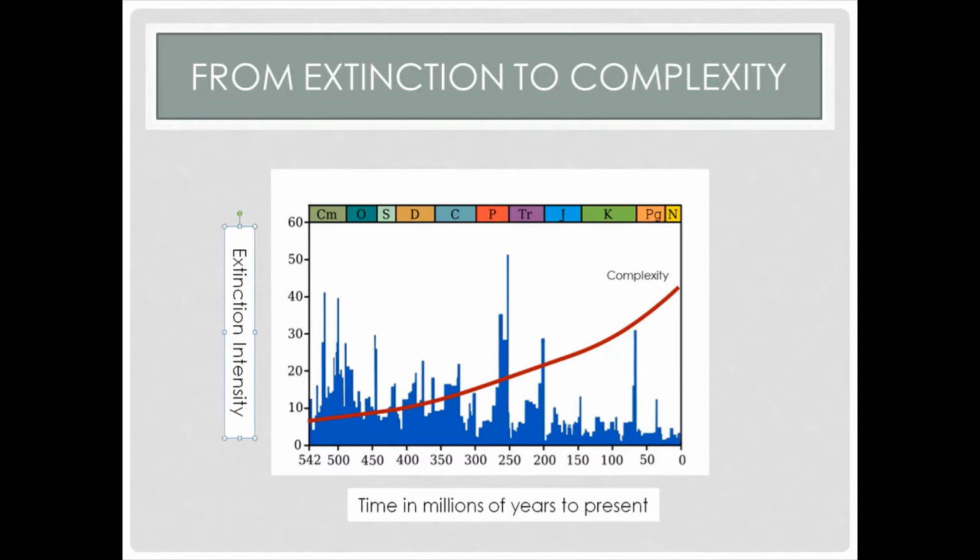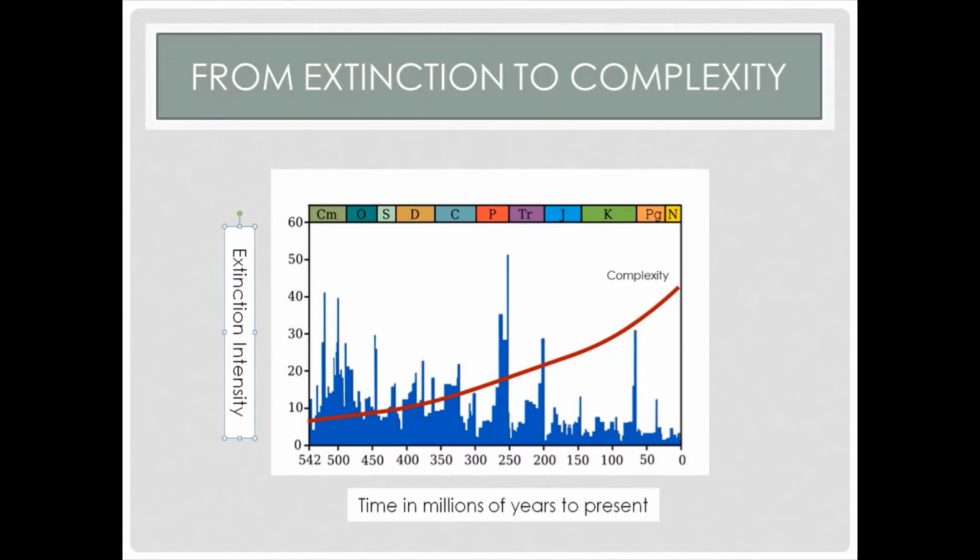characteristic in the past 500 million years. Blue indicates the extinction events here, but we can know that no two extinction events represent the same ecosystem, the same biological complexity.